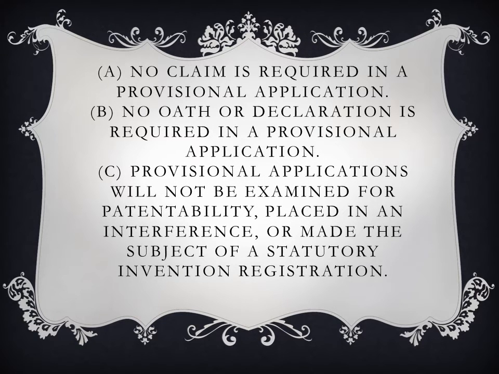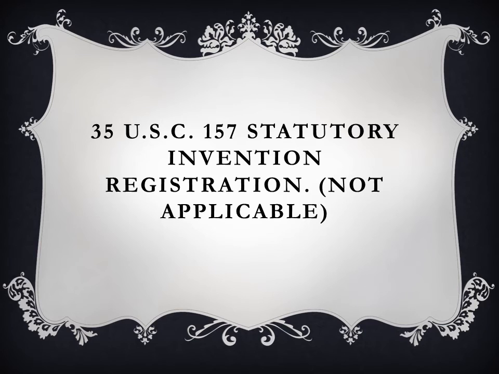No claim is required in a provisional application. No oath or declaration is required. Provisional applications will not be examined for patentability, placed in interference, or made the subject of a statutory invention registration. (35 U.S.C. 157 statutory invention registration not needed).